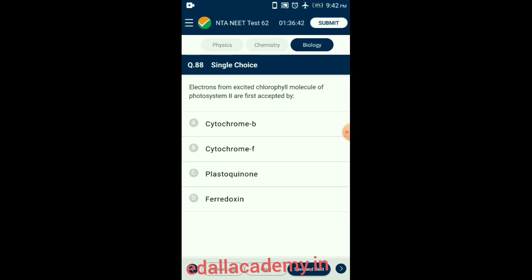Photosystem 2 has chlorophyll a and carotenoids. Other components of photosystem 2 are pheophytin, plastoquinone, cytochrome complex, and blue colored copper containing plastocyanin. So the answer for this question is option C, plastoquinone.